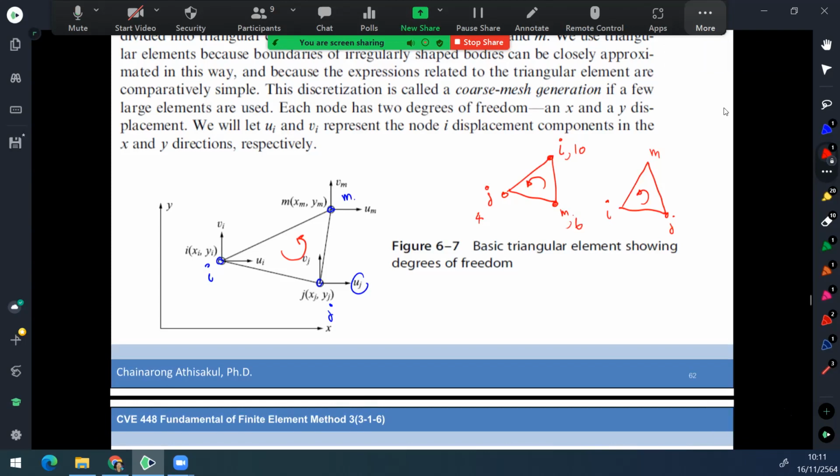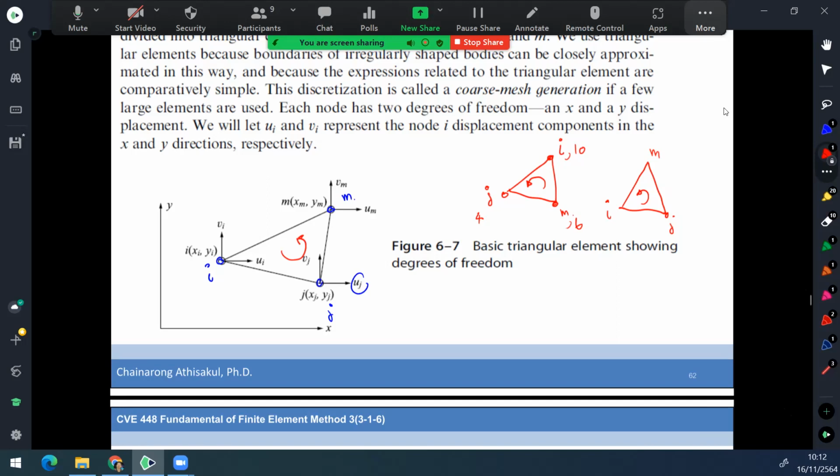So when we derive the element matrix, we have to consider the global node number and fit it to the local one, that is IJM. What we define as I, then the other nodes have to be in sequence.